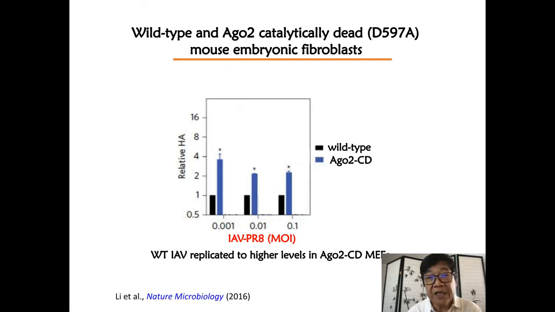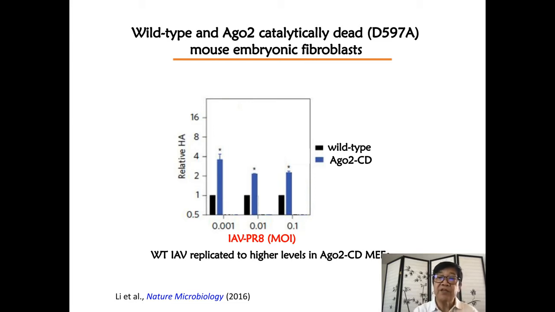And the wild-type influenza virus also replicated to significantly higher levels in the AGO2 catalytic dead cells compared to the wild-type cells. However, the increases were not as dramatic for the wild-type virus as for the NS1 deletion mutant virus shown in the slide previously.